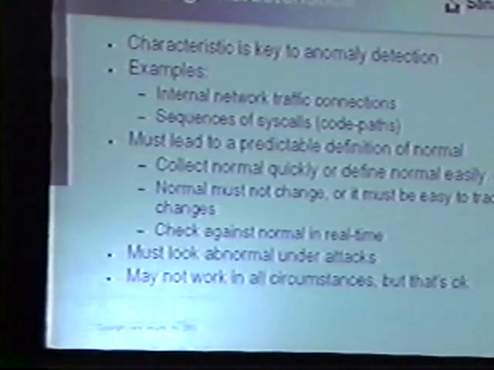One of the first things you've got to think about if you're trying to build or evaluate an anomaly detection system is the characteristic the anomaly detection is based on. This is very important. By characteristic I mean things like network traffic patterns or short sequences of system calls, which Dom mentioned before. There are two very important principles you want to capture.